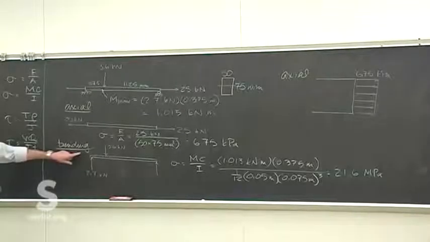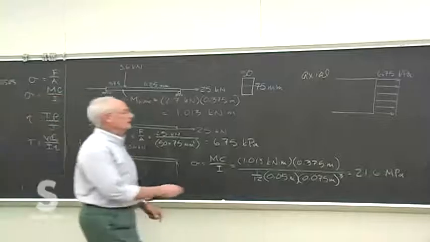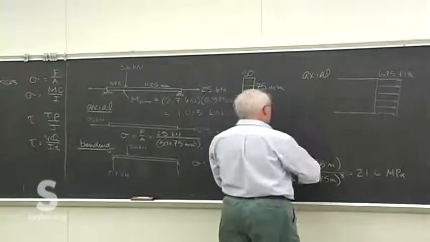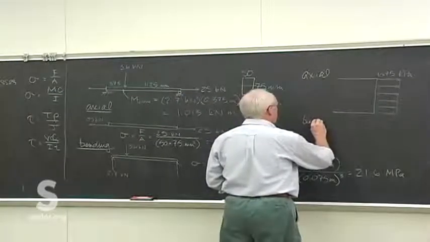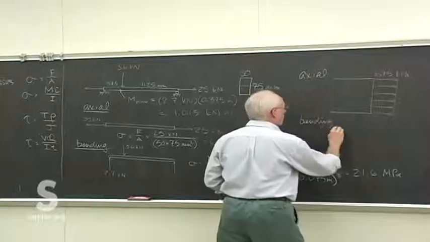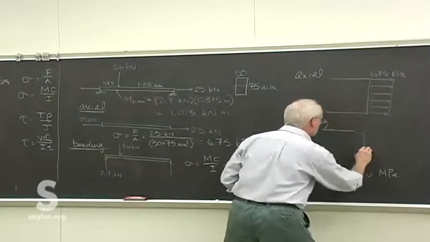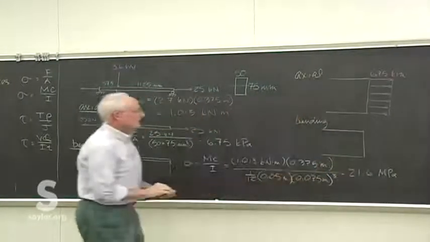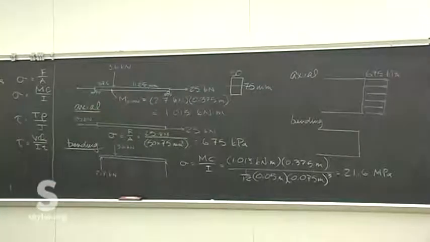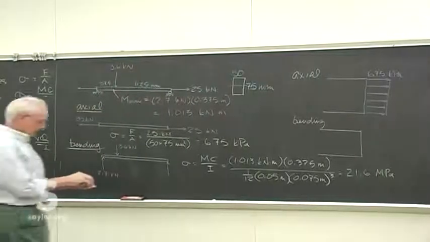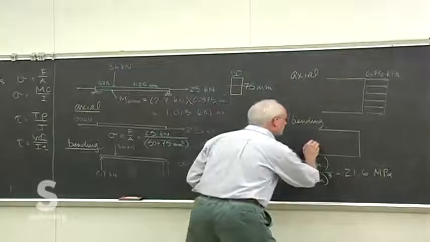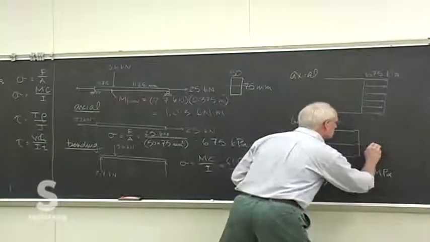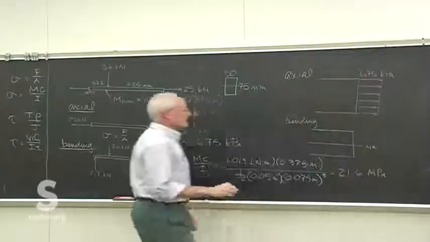We have to add to it this bending effect that we've got, which looks like this. We know that it's linearly distributed about the neutral axis. In this case, the neutral axis is right down the center.